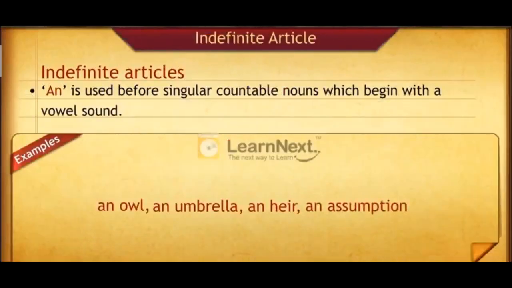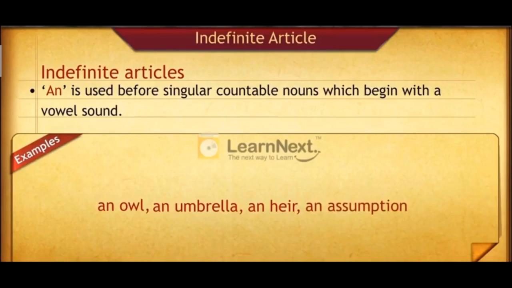So the next word, an, is used before singular countable nouns which begin with a vowel sound. Now we talked about a, right? Now we are talking about an. So an is used before singular countable nouns which begin with a vowel sound. Vowel means a, e, i, o, u, right?